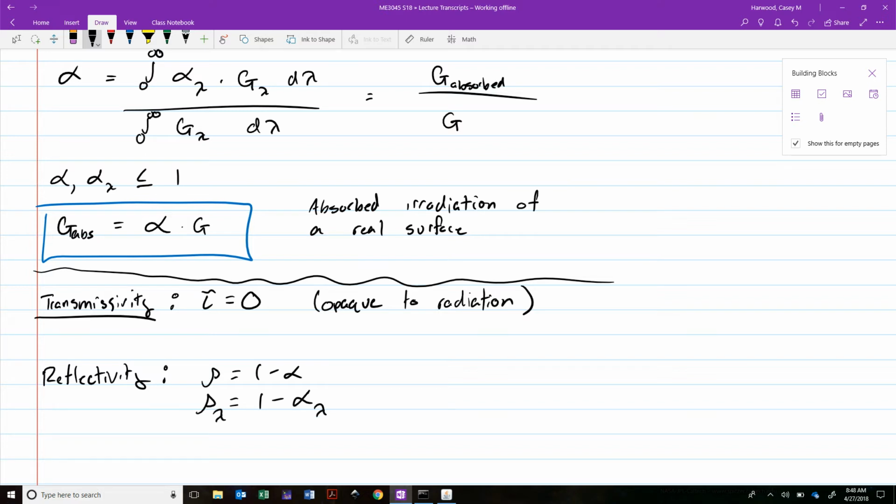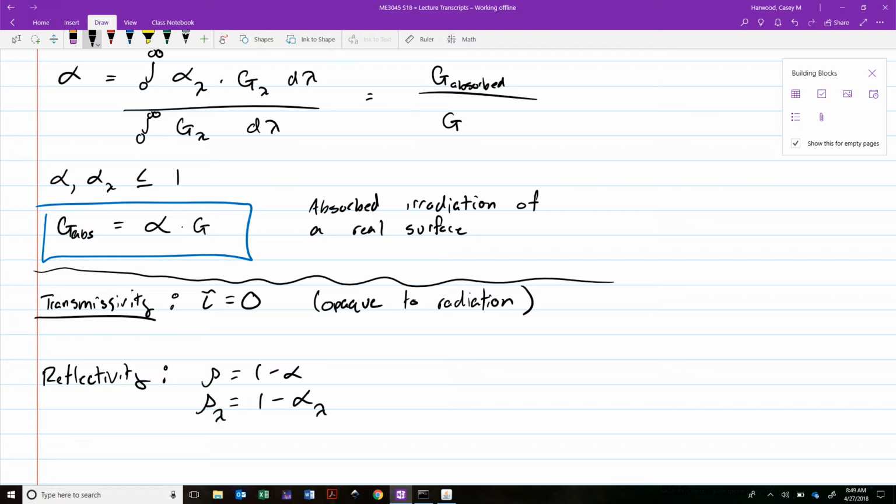We're able to do this because, remember, tau plus rho plus alpha has to equal 1. The sum of the absorbed, the reflected, and the transmitted radiation has to always be the total radiation that's hitting an object. And so by setting tau equal to 0, we have just rho plus alpha has to equal 1, and rho lambda plus alpha lambda has to equal 1.